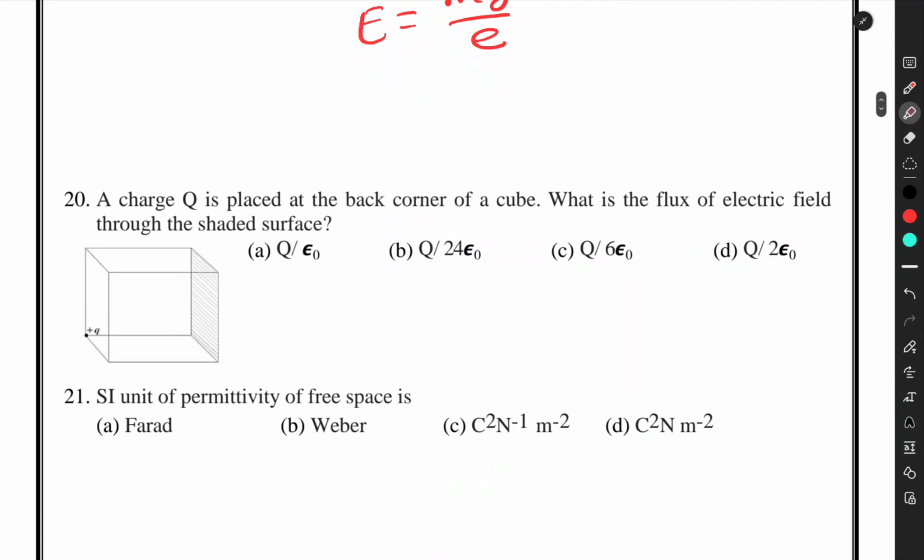So, a repeated question, Gauss law basics. If you know, you can easily answer. A charge capital Q is placed at the corner of the cube. What is the flux of the electric field through the shaded region?